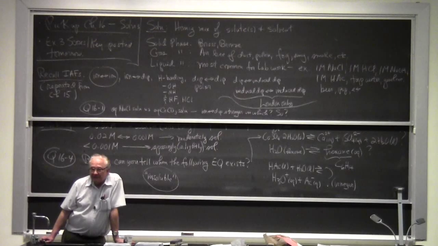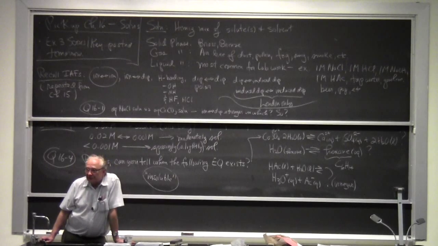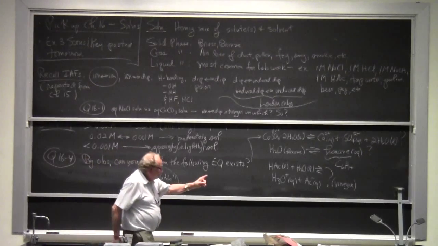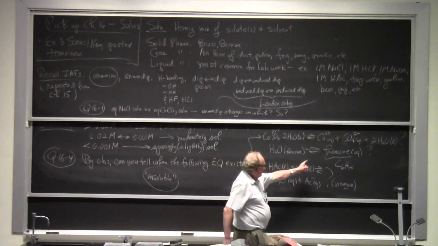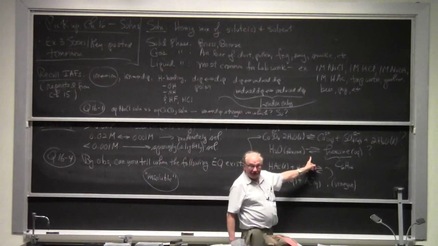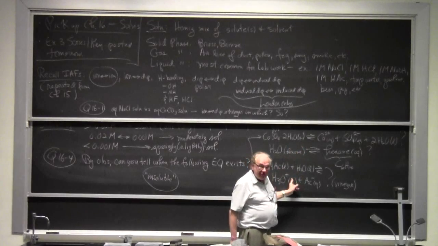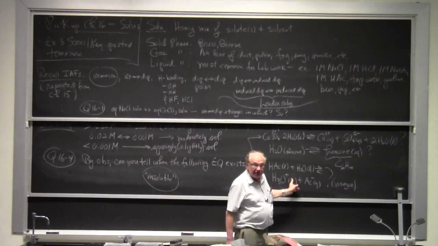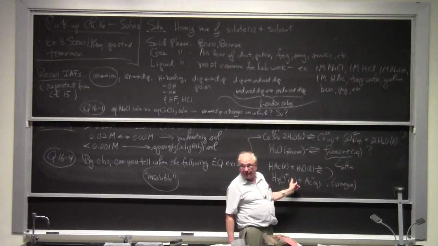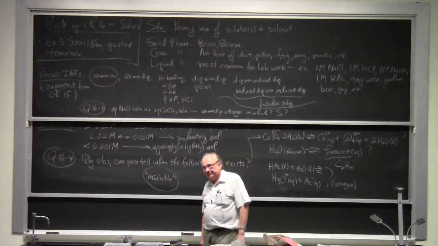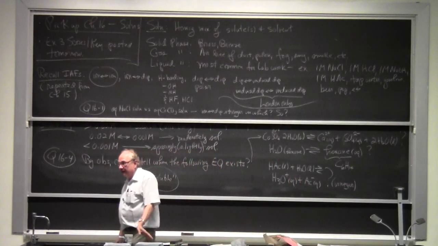The problem is, the system is strictly homogeneous. You see what happened with these other systems? Heterogeneous, two-phase system. Heterogeneous, two-phase system. When you have a one-phase equilibrium system, by observation, you cannot recognize whether or not the equilibrium exists at all. It may.